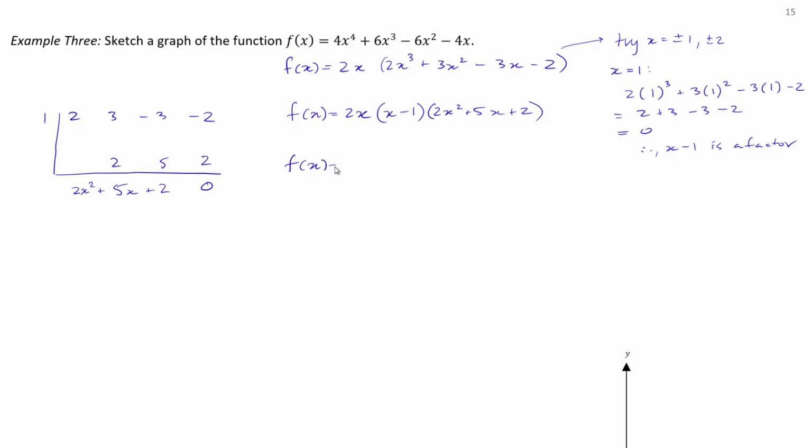So f of x is equal to 2x, x minus 1, and I can factor it further by thinking, okay, let's take a and c. 2 times 2 is 4. So I need two numbers that multiply to 4 and add to 5. Well, two numbers that multiply to 4 and add to 5 are positive 4 and positive 1.